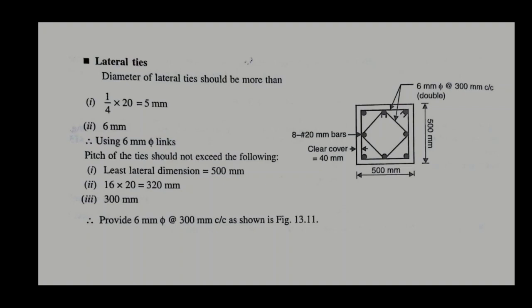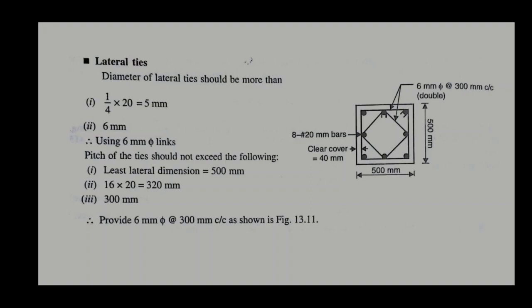So we can use 6 mm links or lateral ties, and pitch of the ties should not exceed the following: least lateral dimension, that is 500, 16 into dia of bar, that is 20, equal to 320 mm, and 300 mm. Okay, so now provide 6 mm dia links or lateral ties at the rate of 300 mm center to center as shown in figure.